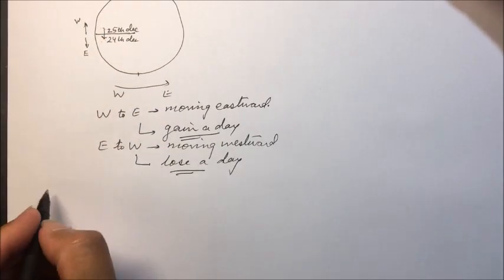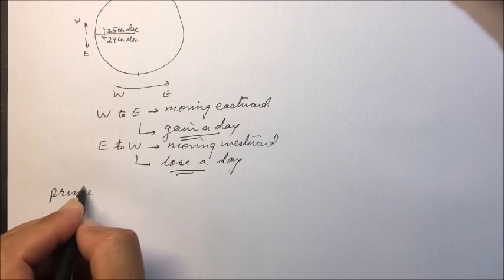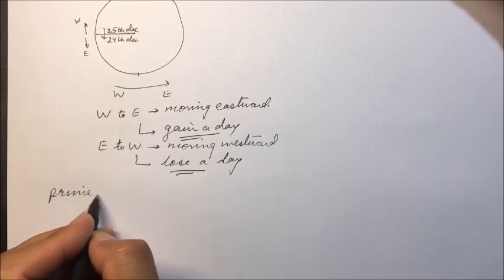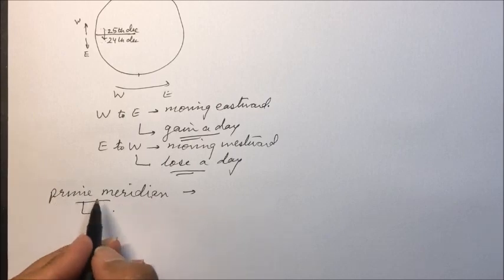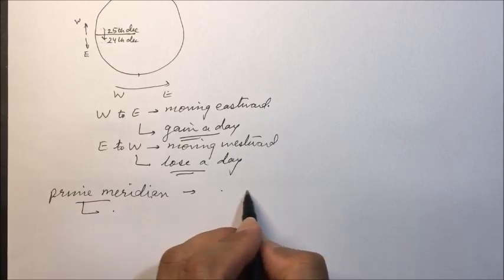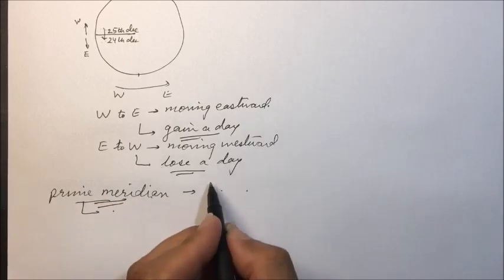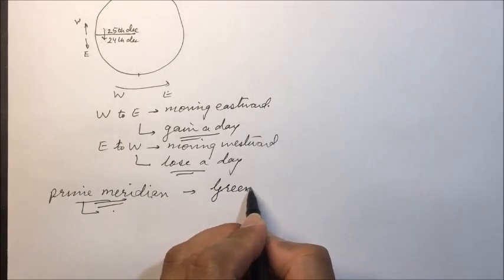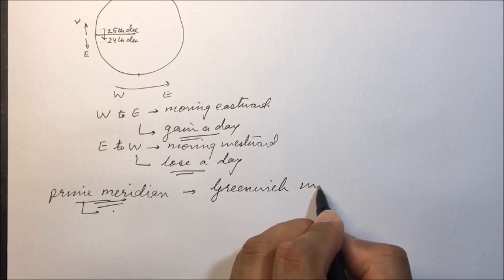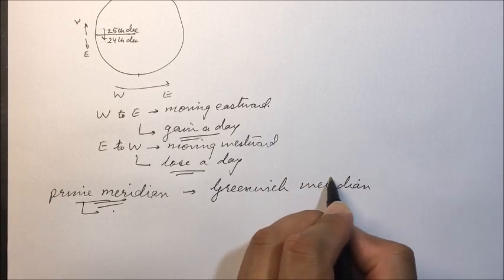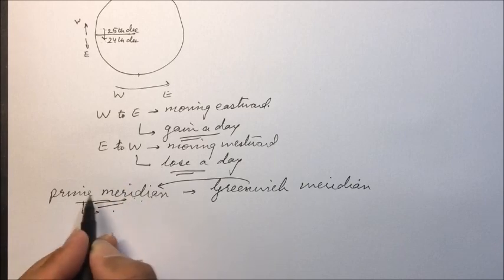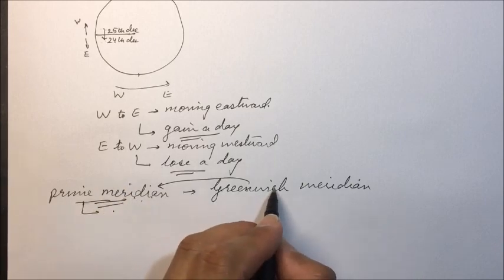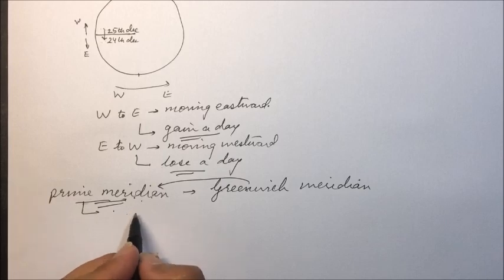Now see here, the prime meridian we have chosen is passing through the Royal Observatory. One of the advantages of establishing the Greenwich meridian as the prime meridian is its opposite arc.